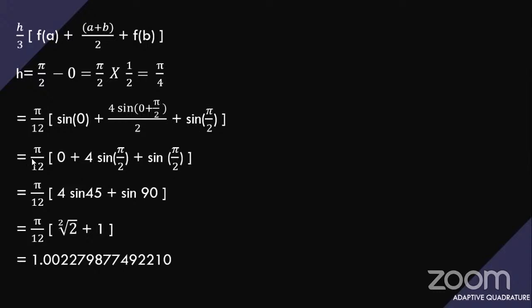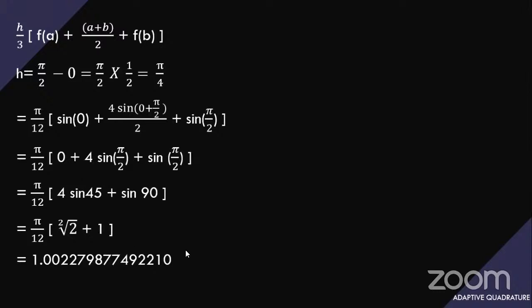Sine 0 will give us 0. Then 4 sine of 0 plus pi over 2 divided by 2 is pi over 4, plus sine pi over 2. So when we multiply these particular values using radians, we'll get 1.0022279877492210.